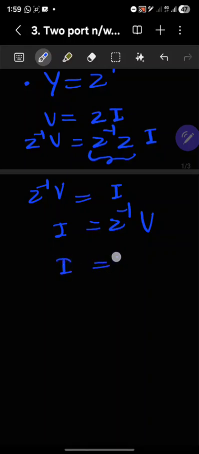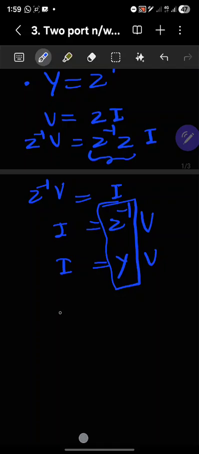I is equal to YV. If we compare these two, we get Y is equal to Z inverse. Similarly, the reverse is also true: Z is equal to Y inverse. If we find the matrix inverse of the Y matrix, we get the Z matrix. Hope it is clear.